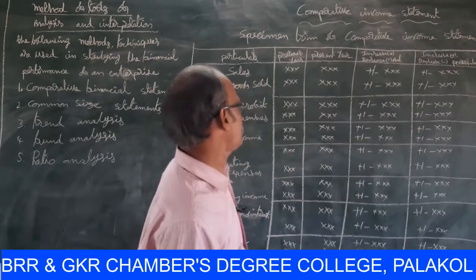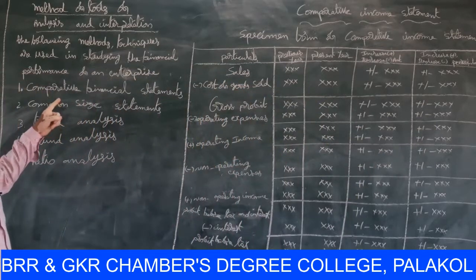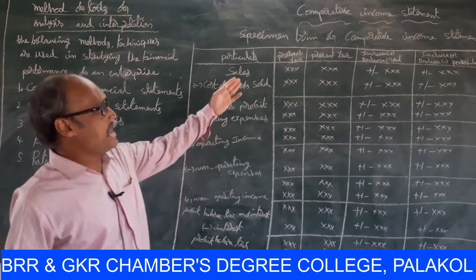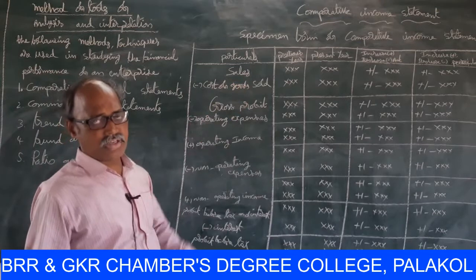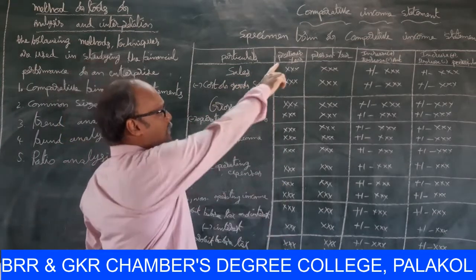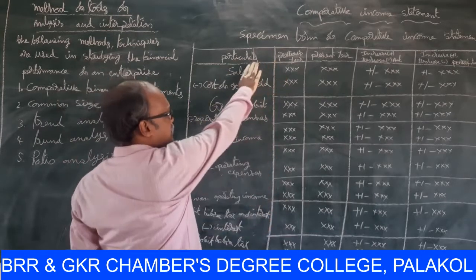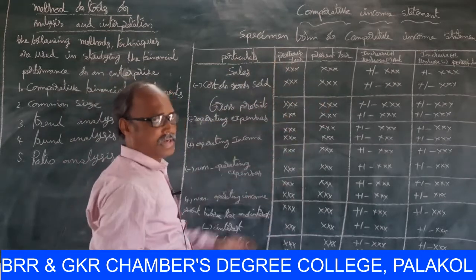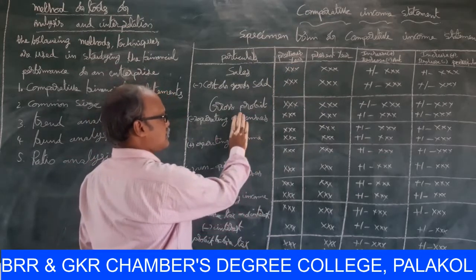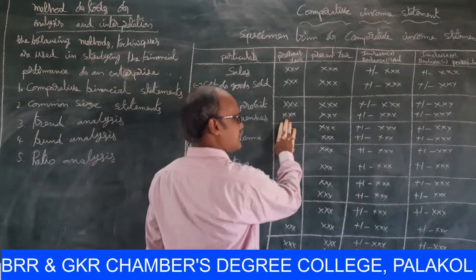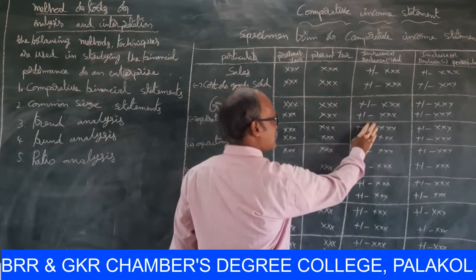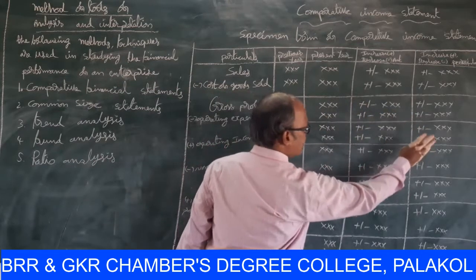Once again I am telling that comparative financial statements are 2 types: comparative income statement and comparative balance sheet. First one, comparative income statement. The specimen form has 5 columns: particulars, previous year data, present year data, increase or decrease in the amount, and increase or decrease in the percentages.